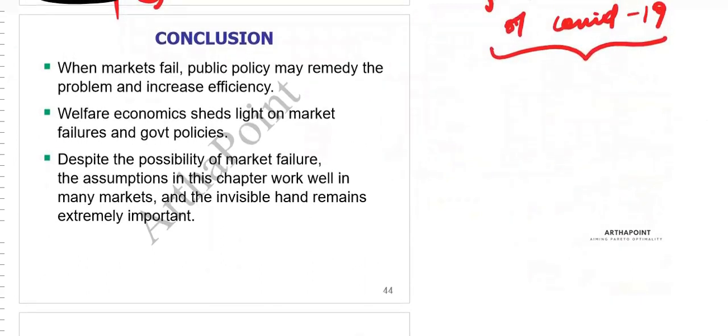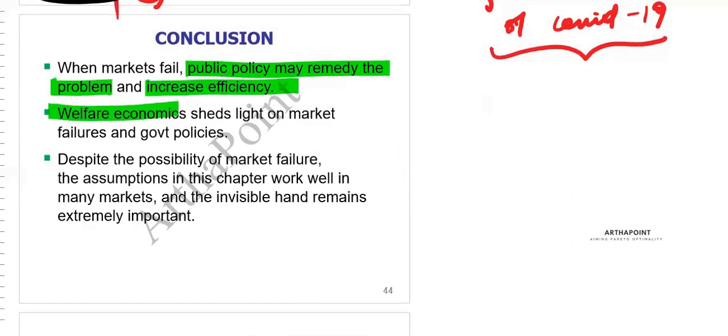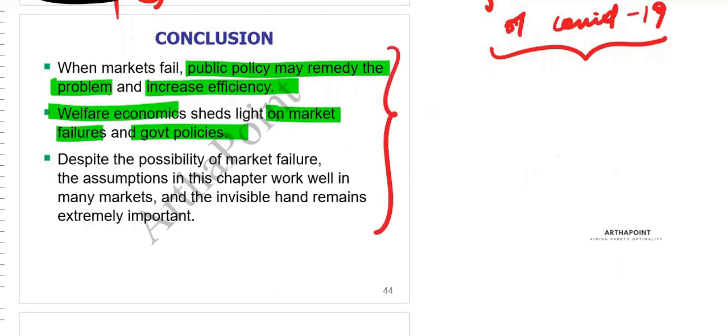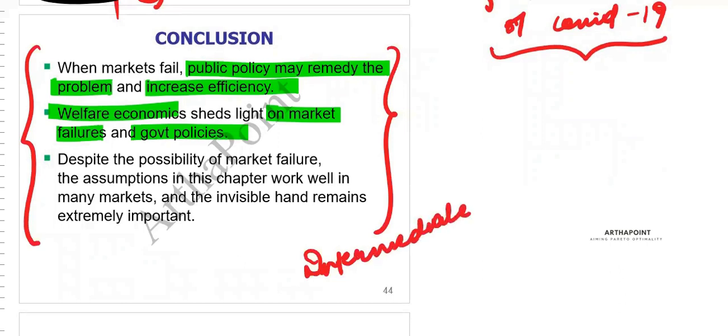When markets fail, public policy is required to increase the efficiency. Welfare economics will shed light on market failure and government policies, right? But this is something we will see over time. A lot of this is going to come in your intermediate micro, and public economics is all about this.